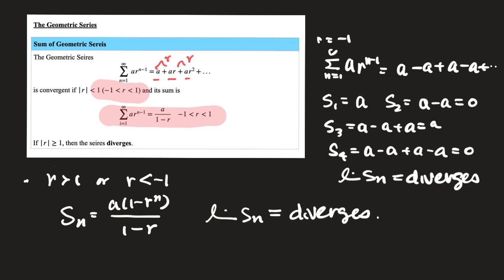Then r should be between negative 1 and 1 for convergence. If r is greater than 1 or less than negative 1, or r is 1 or negative 1, it diverges. If you have checked that r is between negative 1 and positive 1, you can find the sum: the first term over 1 minus the ratio. That's how to find the sum of a geometric series.